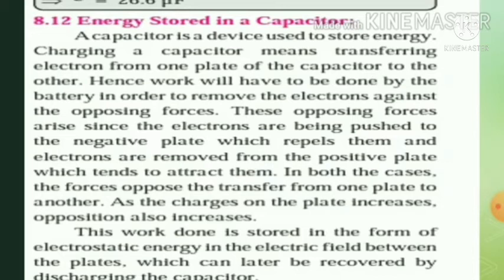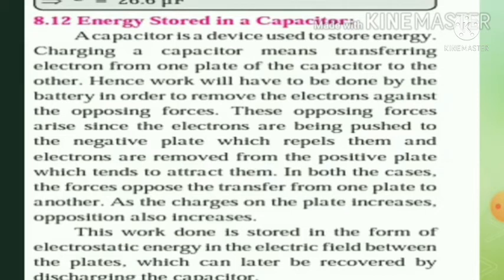So charging a capacitor means transferring electrons from one plate of the condenser to the other. Hence, work has to be done by the battery in order to remove the electrons against the opposing force.